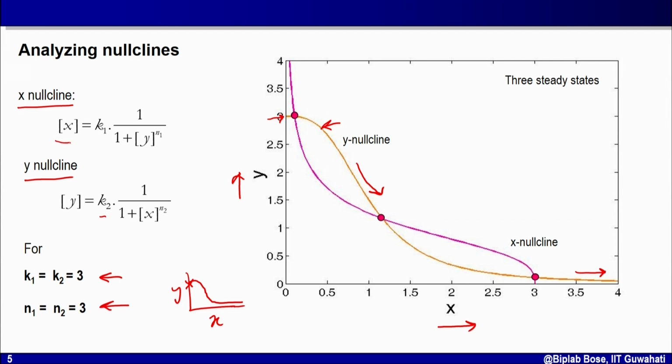For the x nullcline, the plot will be just opposite. When y equal to 0, x equal to k1. And again k1 is equal to 3. So this pink line I have drawn here is the x nullcline, and that intersects the horizontal axis at k1 equal to 3. And then it goes sigmoidally, and here I have the asymptotes.